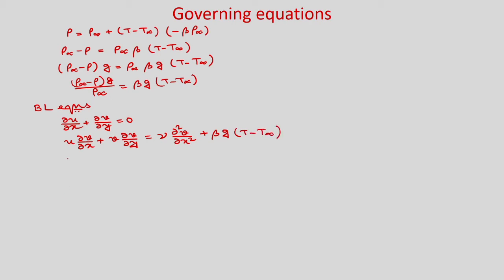And you have the energy equation u del t by del x plus v del t by del y is equal to alpha del 2 t by del x square. So, these are the boundary layer equations for flow over a vertical plate for the case of natural convection, and we have assumed density to be constant in the continuity equation and in the inertia terms of the y momentum equation, and we have taken the change of density only in the buoyancy term.